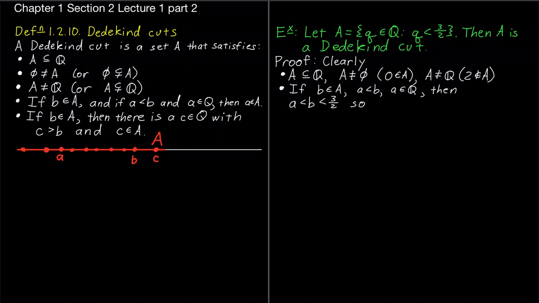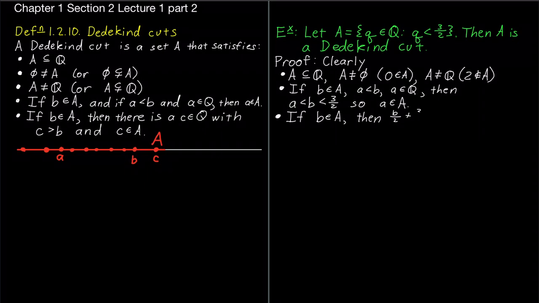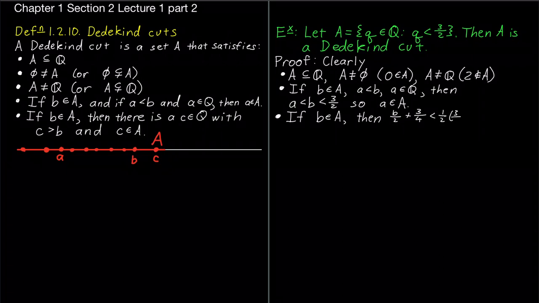We're assuming we know everything about the rationals, including that inequality is a transitive property, so that means that our little a is in our Dedekind cut A. And finally, if b is in A, then b over 2 plus 3/4 is strictly less than 1/2 of 3 halves plus 3/4, which equals 3 halves.